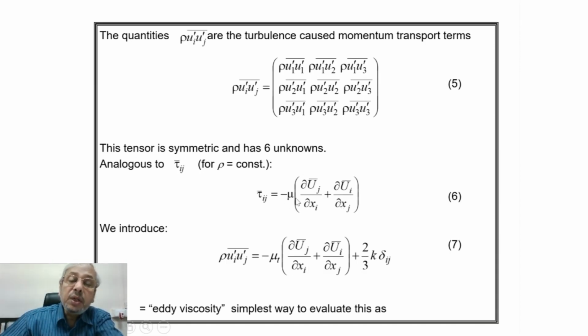Only the molecular viscosity is substituted by eddy viscosity, and this is not a basic property of the fluid. It is created because of the interaction of the fluctuating components of turbulence.